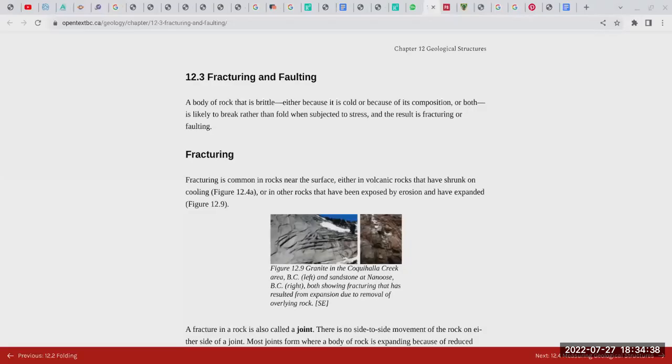Let me share here. All right. So I'm looking at my fracturing and my faulting. Remember, fracture and fault occurs when it's cold and brittle.